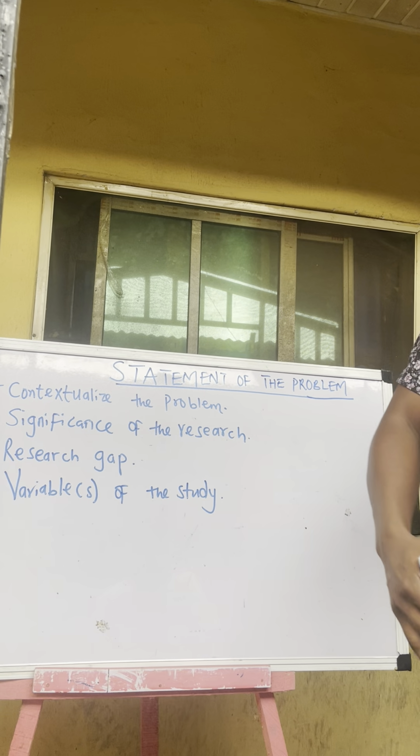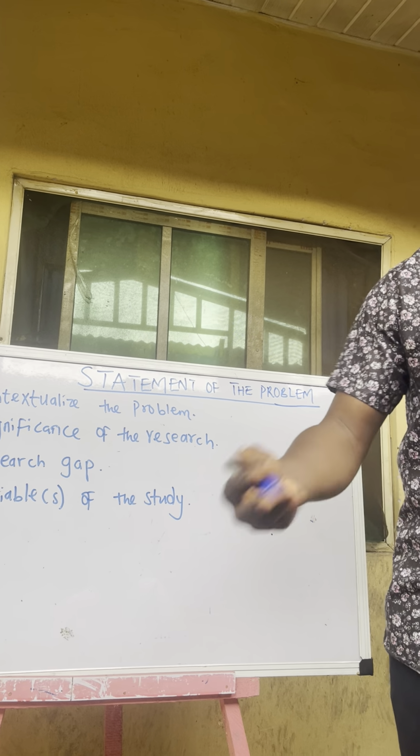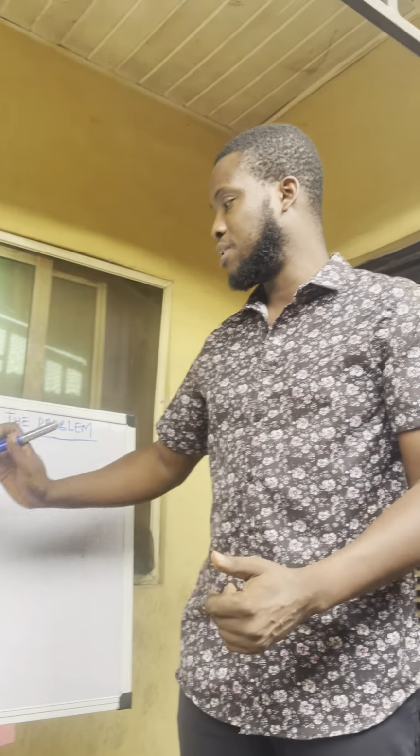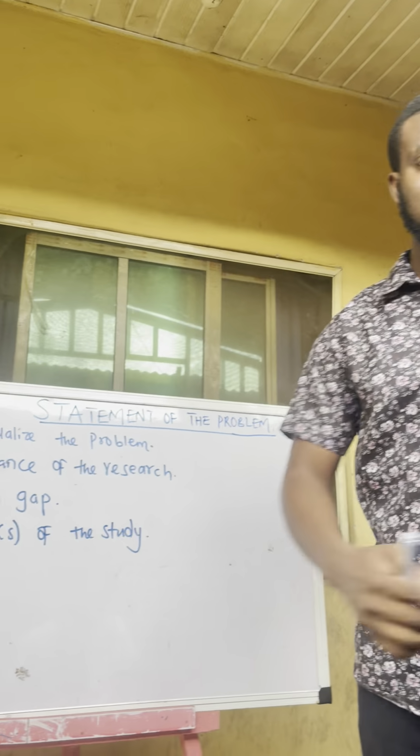Then the next stage, or the next paragraph as the case may be, in the statement of the problem is to discuss the significance of the research. How relevant is your research? You discuss it here. What makes it important to you? Why is it important? Why are we carrying out this study?